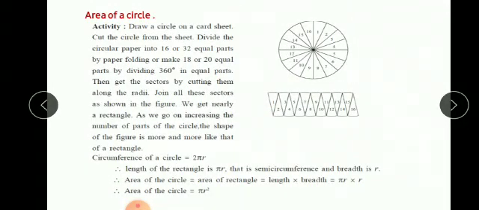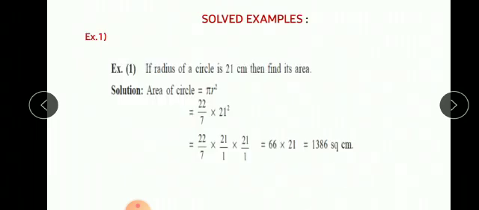You have to read out this activity and draw the circular part. Take 16 parts and cut it and then rejoin it. Okay children, so this activity you will do at home. Then let us solve some solved examples from the textbook.